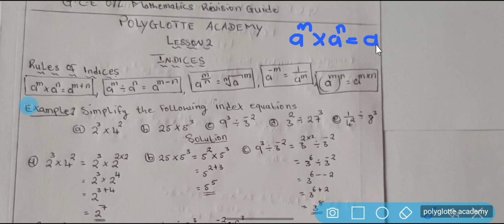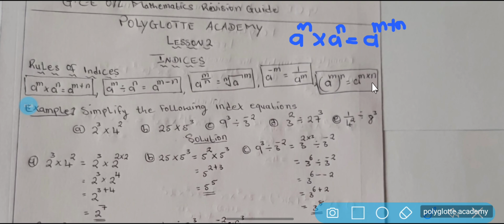So we are going to have a to the power m plus n. We are going to add the powers since we are multiplying the base. This is a times a. So we take one of the base and then we add the powers.